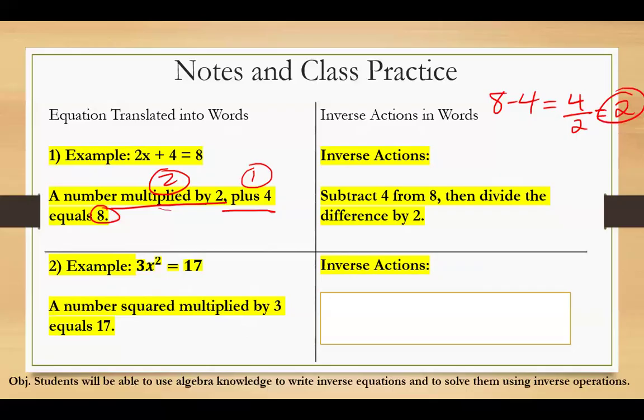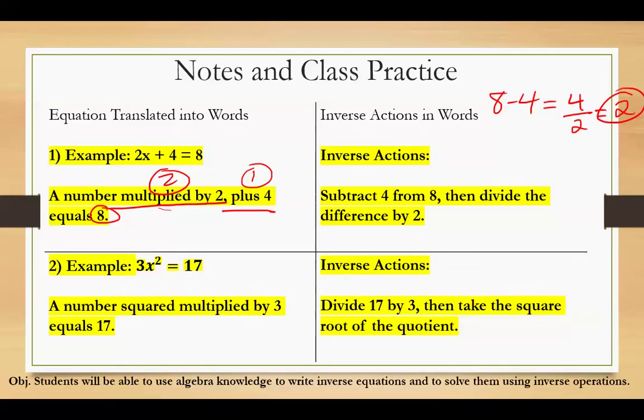There we go. Okay. So I am dividing 17 by 3, then take the square root of the quotient. So I'm going to follow what I told myself to do. So I have 17 divided by 3, and then I take the square root. Can't do anything else with that because 17 divided by 3, is that pretty? Nope. So then this is what my x equals.